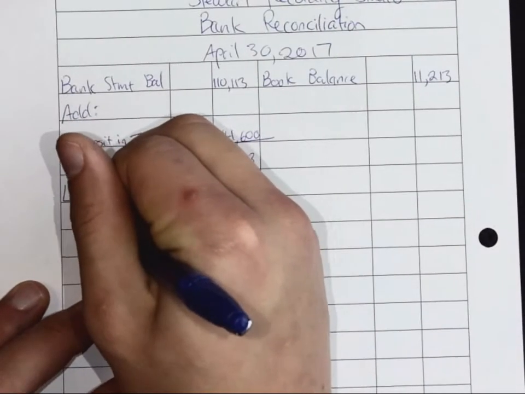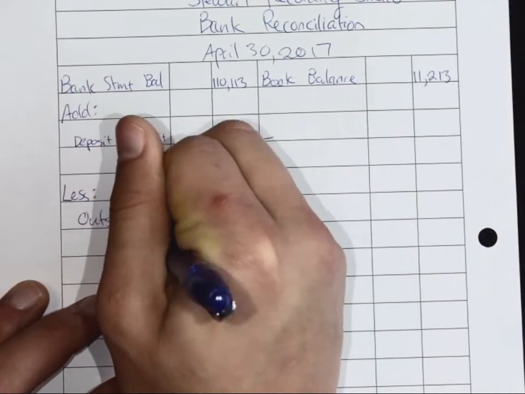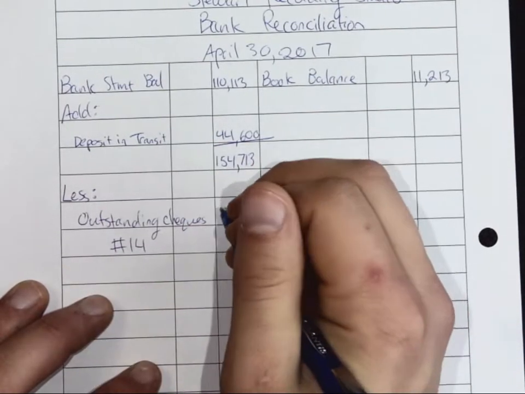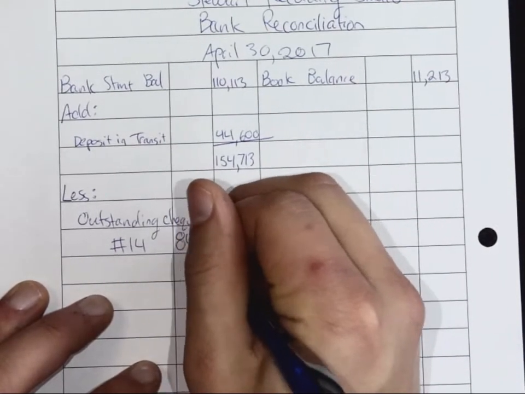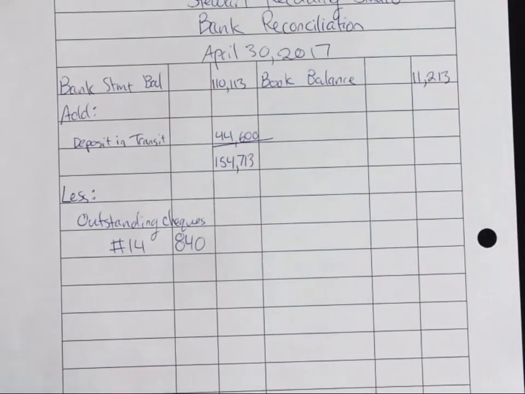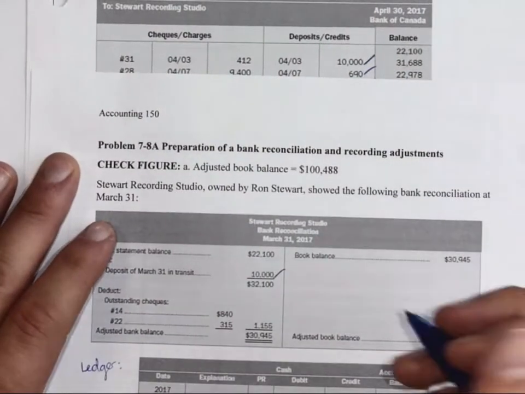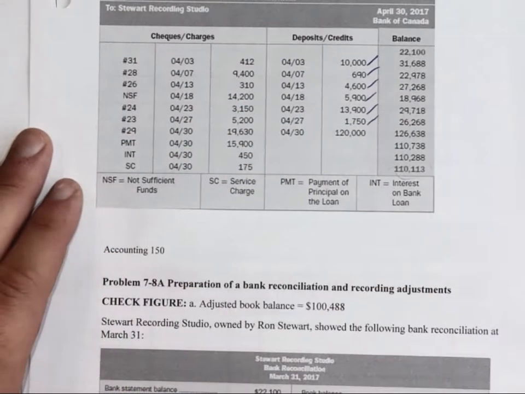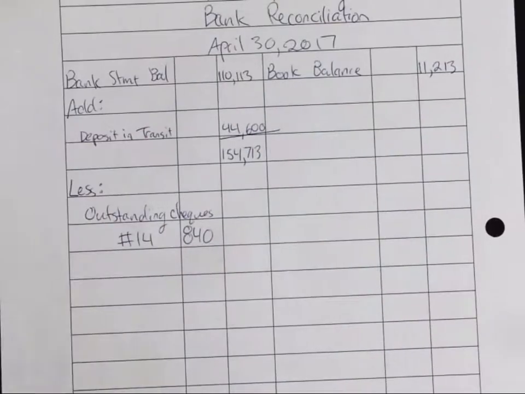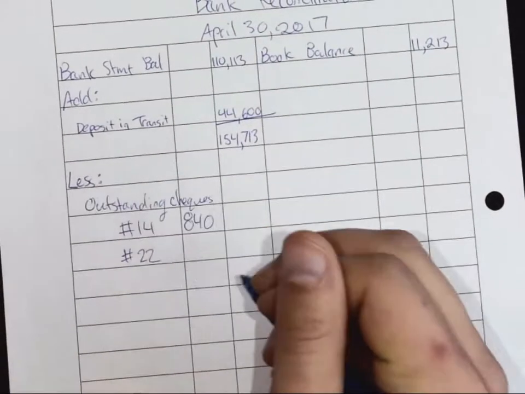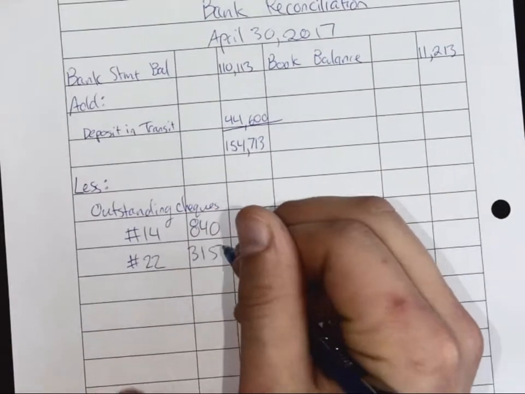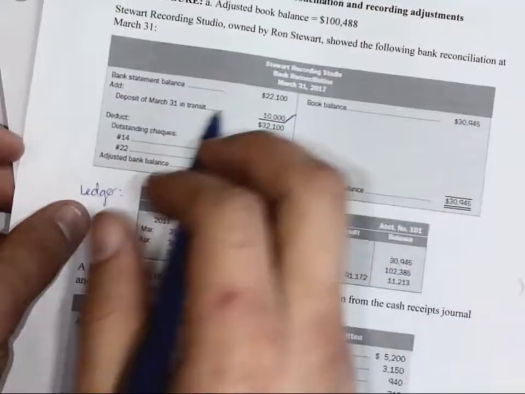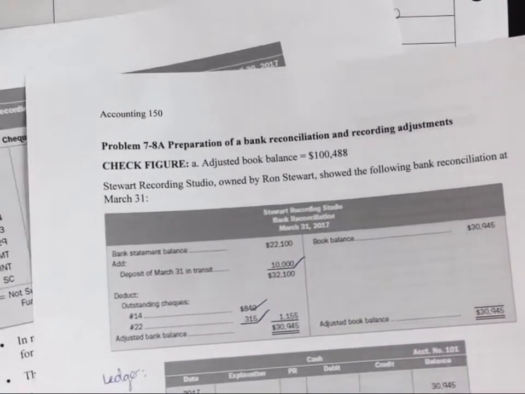Less outstanding checks number 14, $840. Is the next one on the bank statement? No. And you can mark it down. So that's all of the old ones from before April.